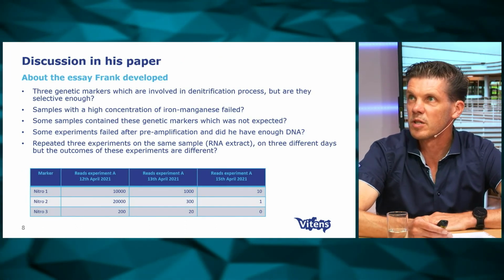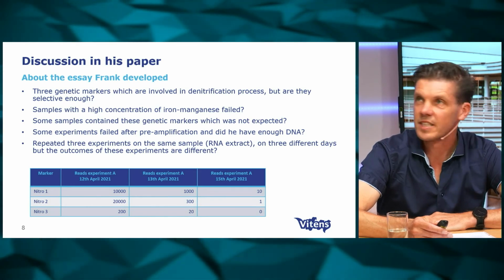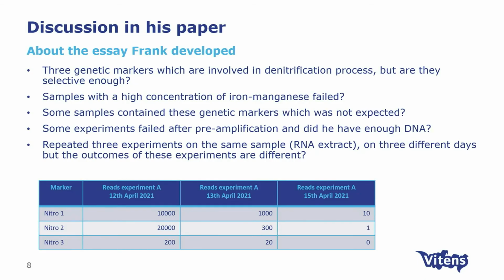Like most publications, you get quite a large discussion about certain topics. Frank had developed 3 genetic markers, but are they selective enough? Can you rely on it that these markers are unique for the denitrification process? So actually you have to validate it, and there are certain standards for that.